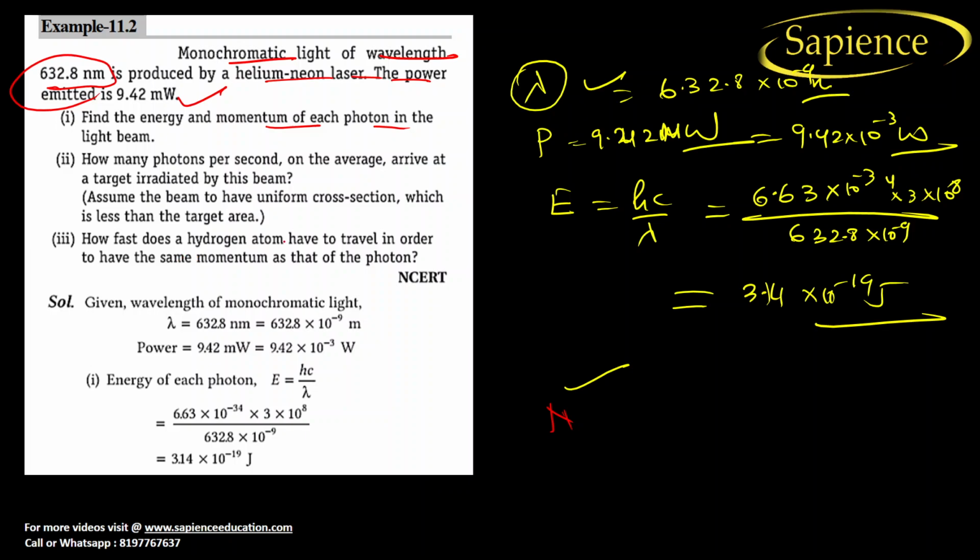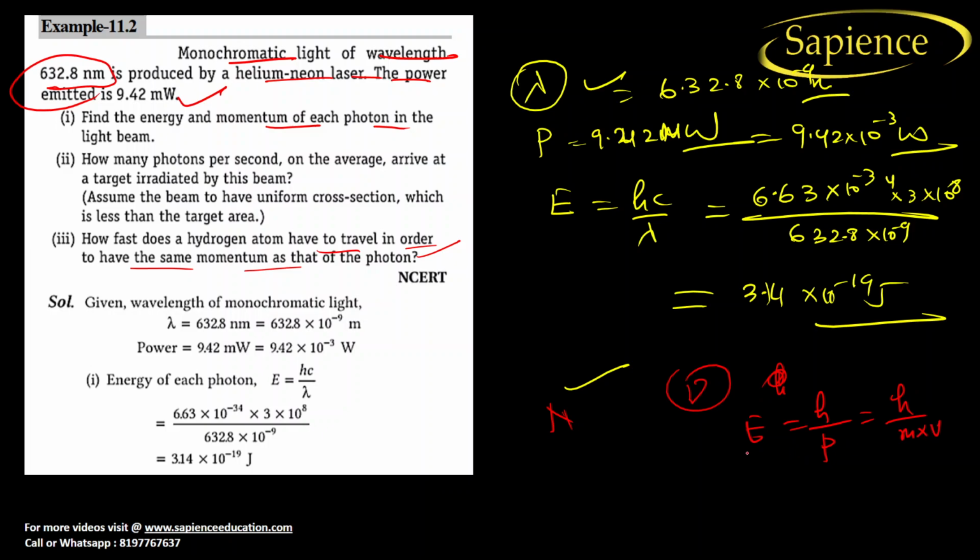How fast does the hydrogen atom have to travel in order to have the same momentum as that of the photon? So you need to find basically the velocity v. So momentum is equal to h by lambda, that is equal to m into velocity.